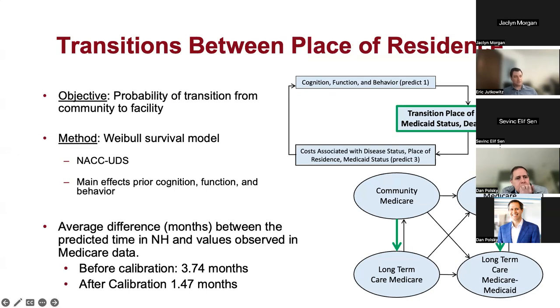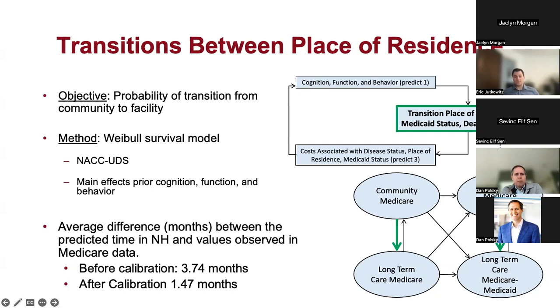Next set of predictions, again, around transitions. The first transition of relevance is moving from the community to a nursing home. Initially, we used the NAC data and we built a Weibull survival model. What's really nice about this is that by using the NAC data, we were able to directly connect and include terms for cognition, function, and behavior.